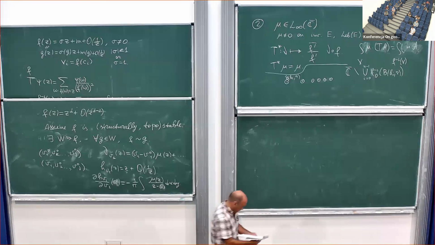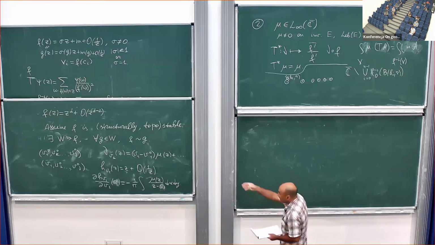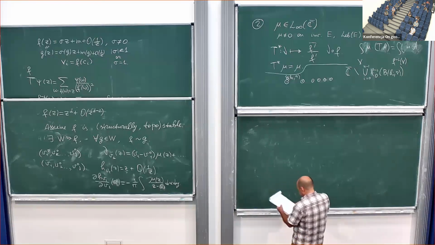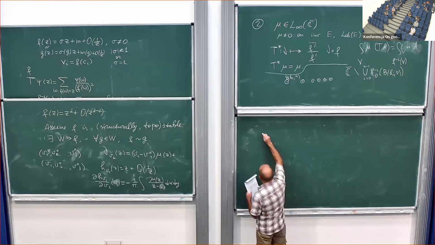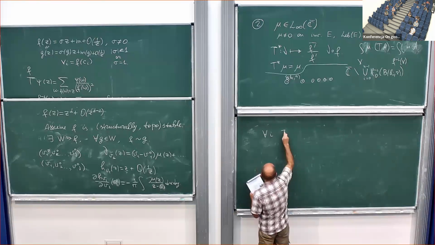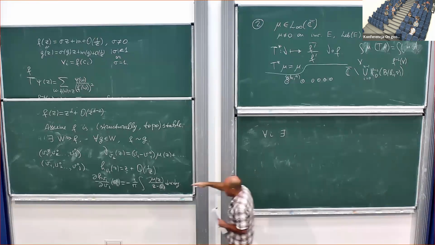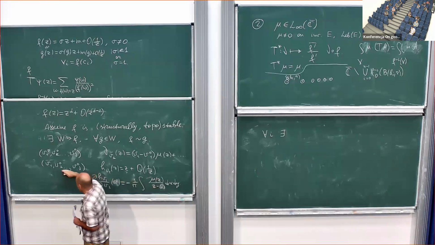Assuming that f is stable, then for every i, we move still in the v1 direction, but we can move in every vi direction.